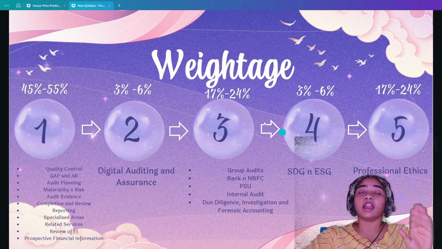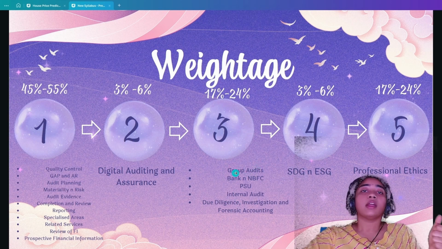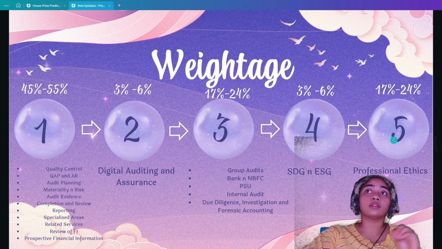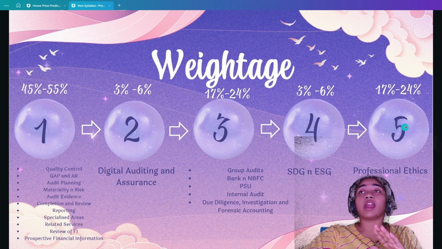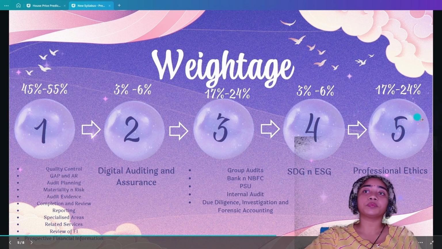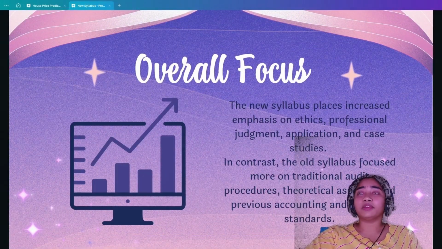That's it. And 20% was all the remaining chapters, and professional ethics consists of only an average of 20% of marks. Okay. And all the remaining 20%. And you see, professional ethics has been given a very great percentage of weightage, right?